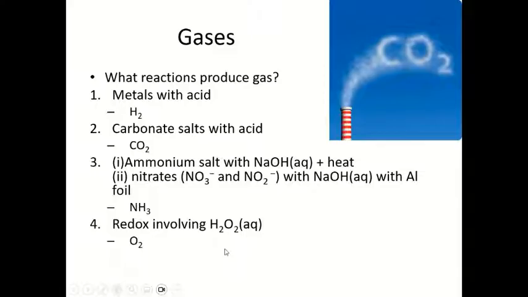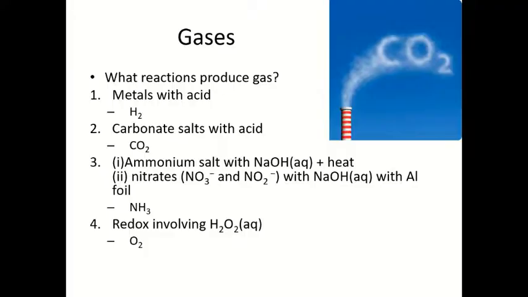So what type of reactions will involve the liberation of oxygen gas? Any redox reaction involving addition of aqueous hydrogen peroxide will produce oxygen. So if anywhere in the question you are asked to add hydrogen peroxide solution into an unknown solution, oxygen will be produced.